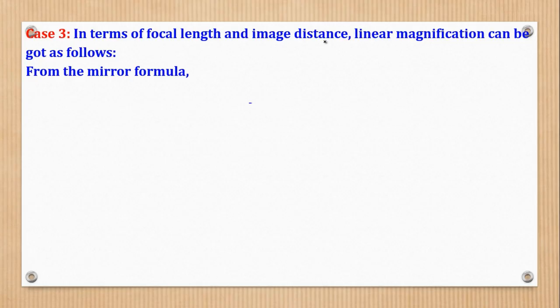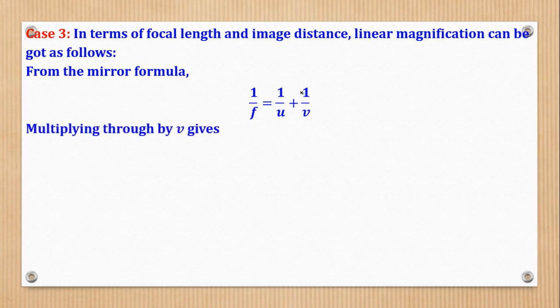From the mirror formula, I have focal length and image distance, but there is u, which needs to be eliminated. So I multiply each term throughout by v. This by v, I come up with v over f. This by v, I come up with v over u. This by v, I come up with v over v. Now v over v is 1.